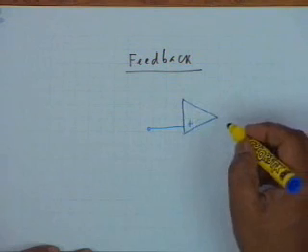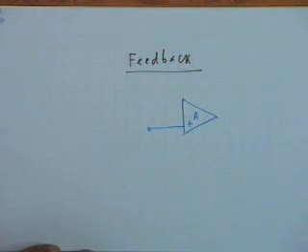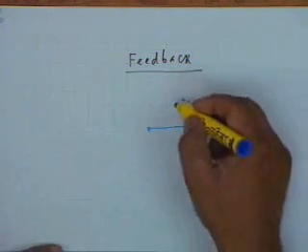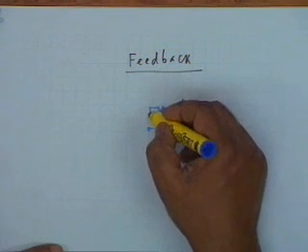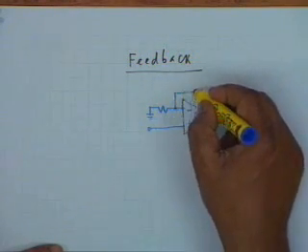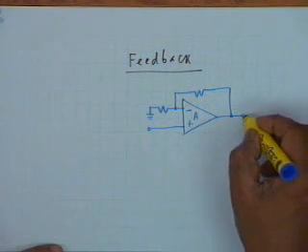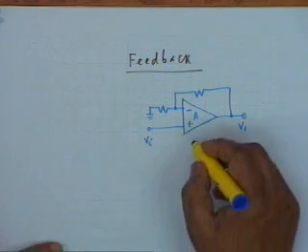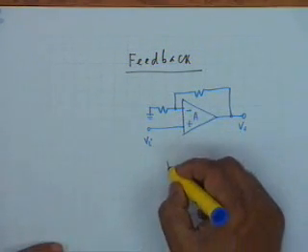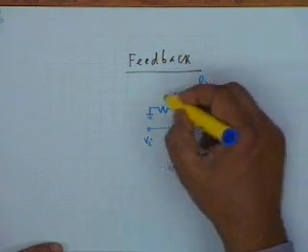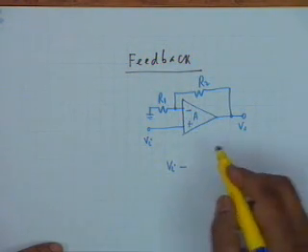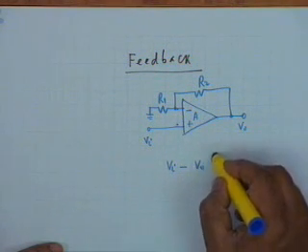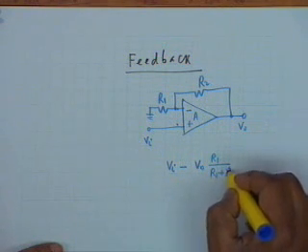As you know, in the op-amp, the open loop gain is very large, tends to infinity, and if you wanted to make a non-inverting amplifier, then what you do is you use a resistance here and a resistance here. So what is actually being done is that the actual input to the amplifier, if this is R2 and this is R1, between these 2 points is Vi minus V0 R1 divided by R1 plus R2.